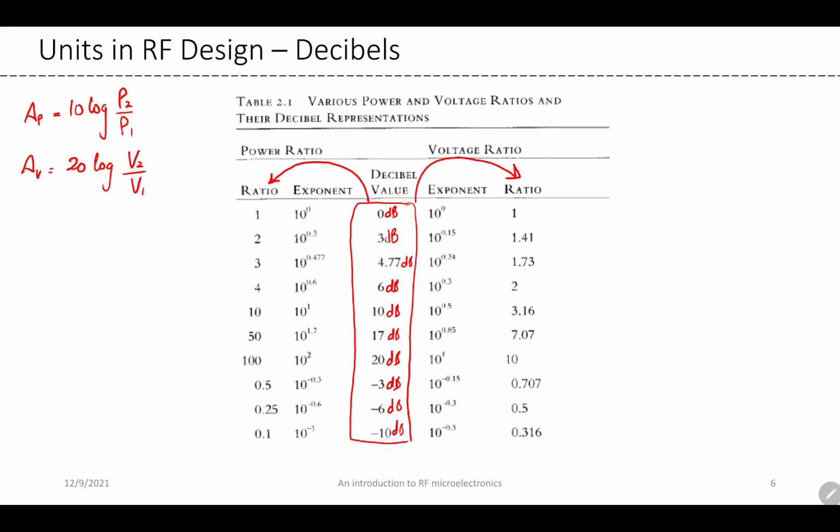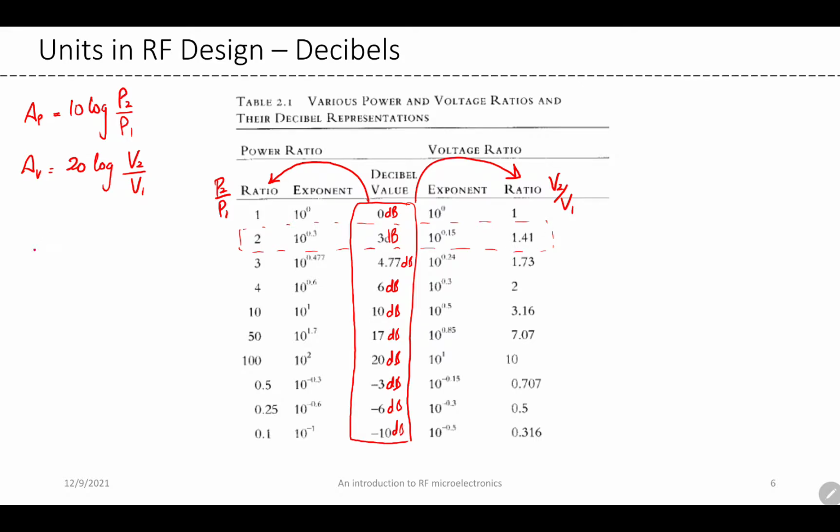So this ratio is P2 by P1, and this ratio is V2 by V1. Take this case: both AP and AV are 3 dB, but P2 by P1 is 2 and V2 by V1 is 1.41.